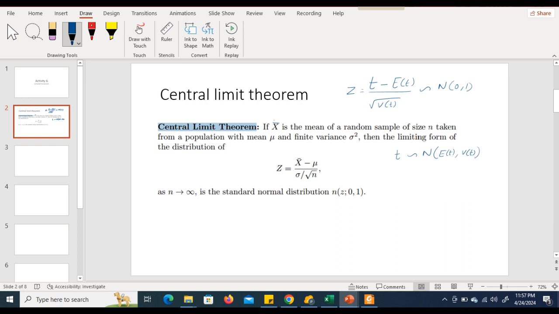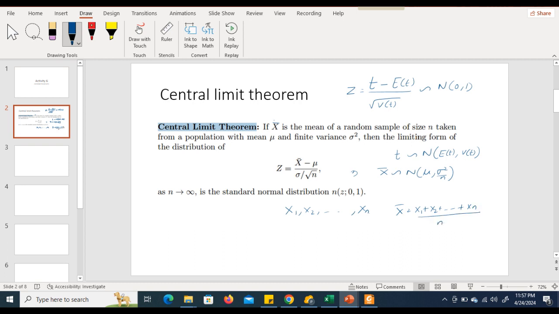It implies that x bar will follow normal distribution with mean mu and variance sigma square upon n. When the sample size is very large, like if x1, x2, and so on up to xn are random sample observations taken from the population, then the sample mean x bar is x1 plus x2 plus so on xn divided by the sample size n.